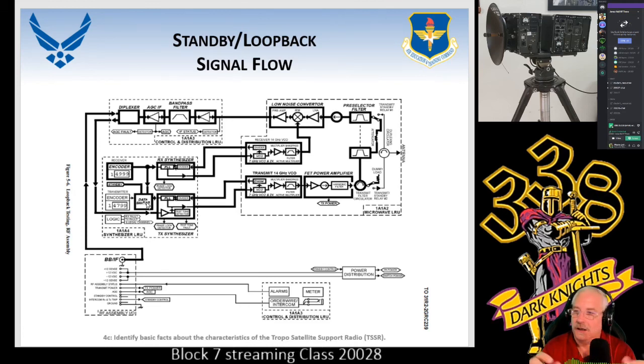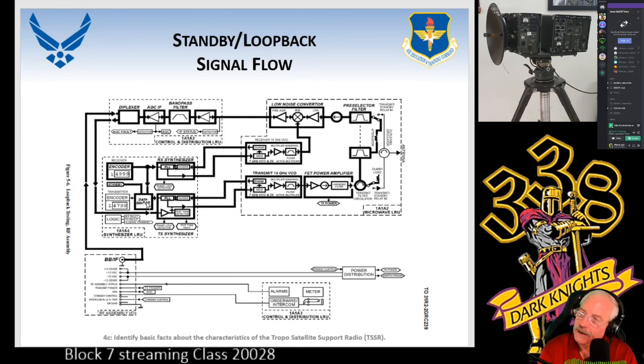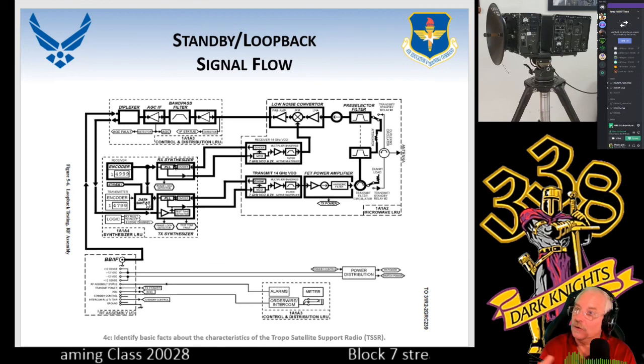But in standby, the switch is going to take the data switch and say, use the receiver encoder. Now we have the receive frequency coming in on the same line, and our transmit frequency is going to be the same frequency as our receive frequency now. So now we can do a standby loopback.